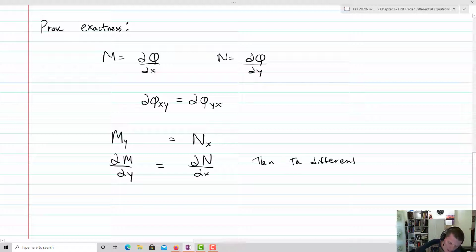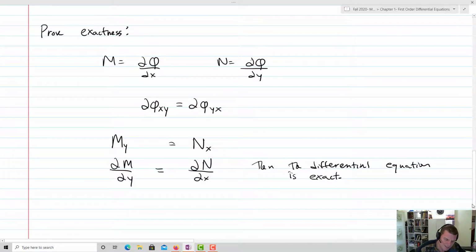We'll see some examples of this in a little bit. So that's the requirement, and it's pretty straightforward to prove that something's exact: show that the partial of M with respect to y equals the partial of N with respect to x.